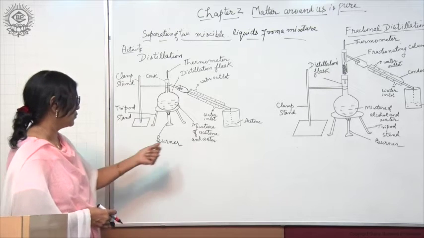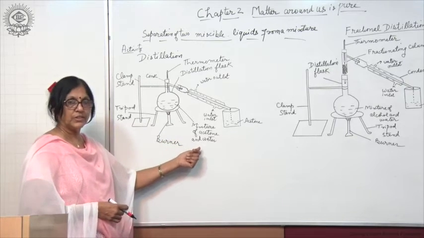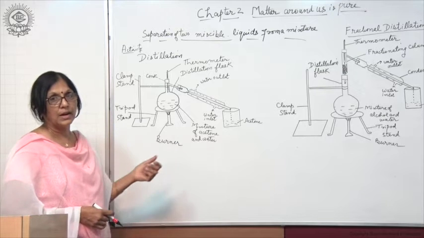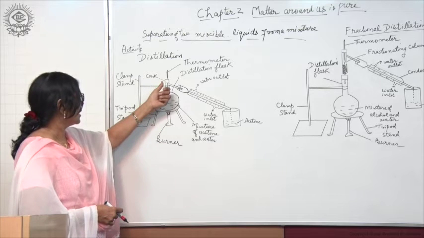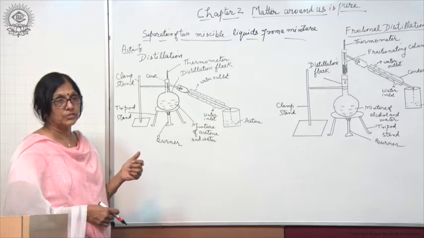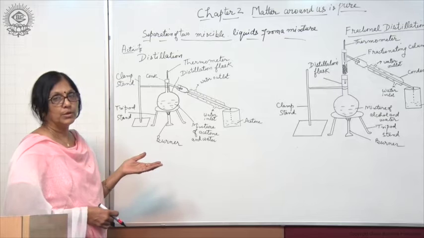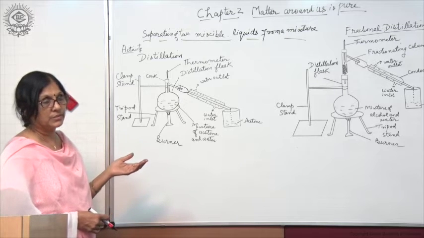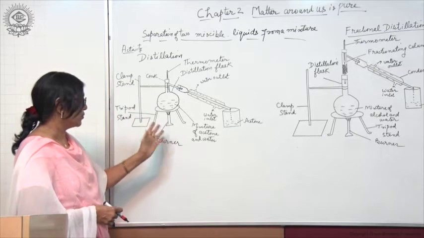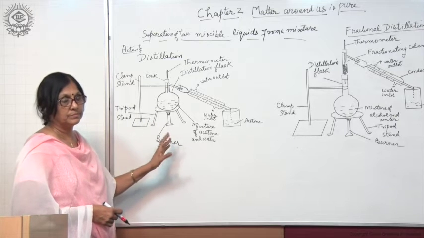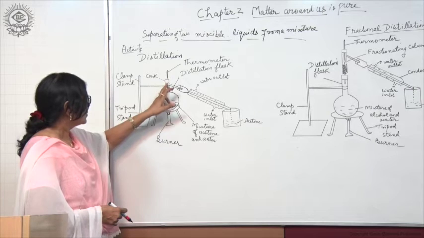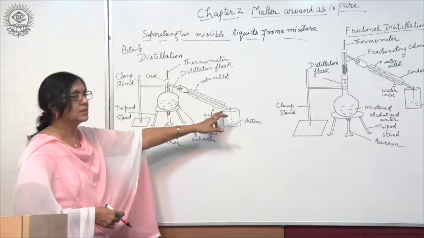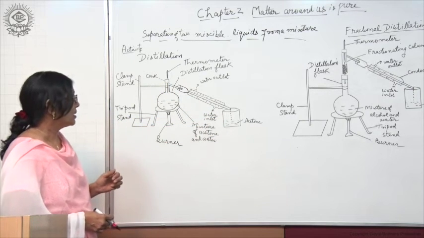The boiling point of acetone is 56 degrees centigrade and that of water is 100 degrees centigrade. So care has to be taken that the temperature does not rise beyond 56 degrees centigrade, so that only acetone evaporates, because we have to separate them from each other.